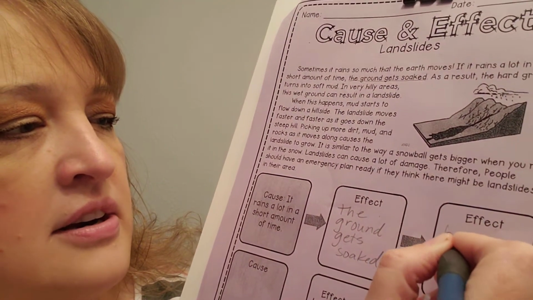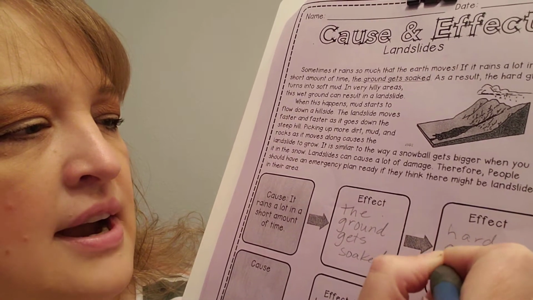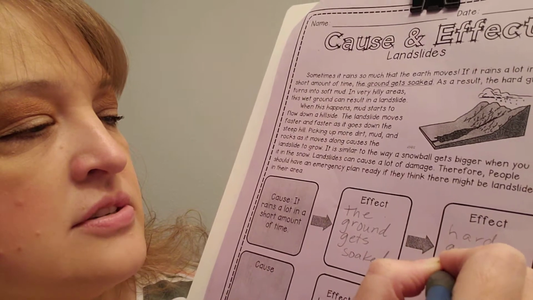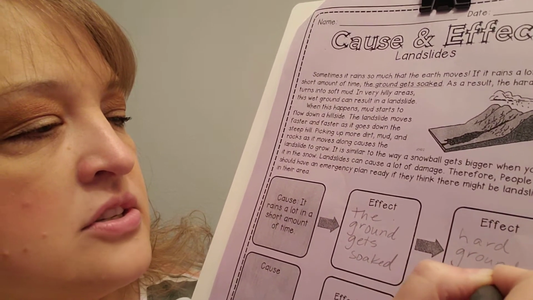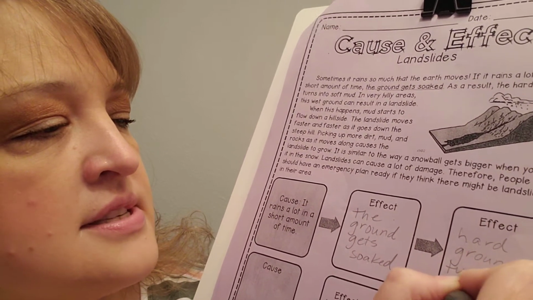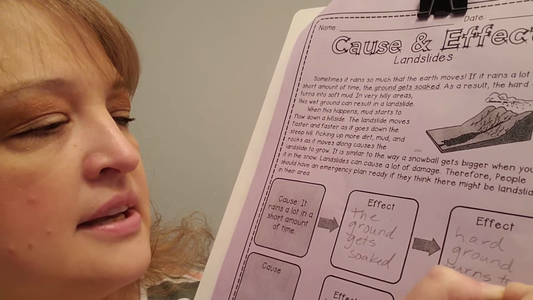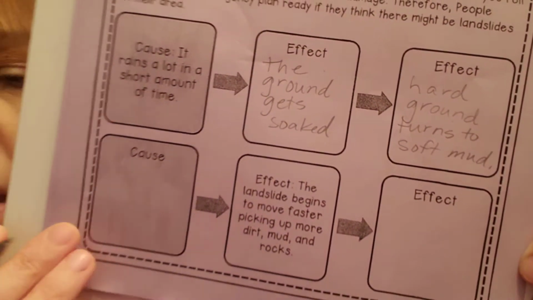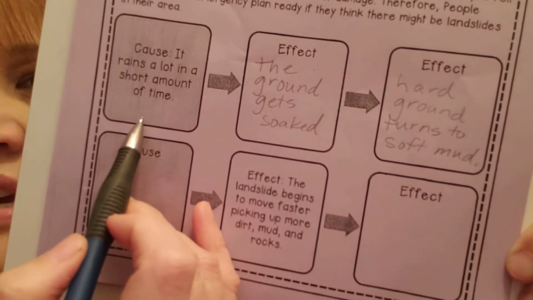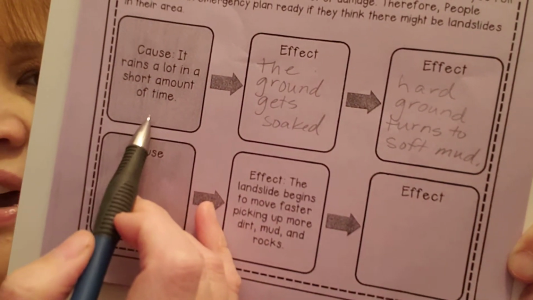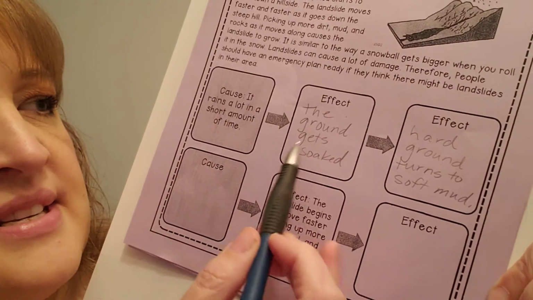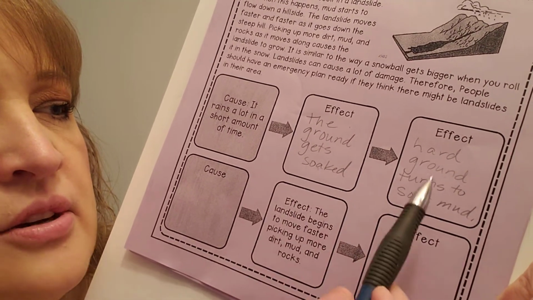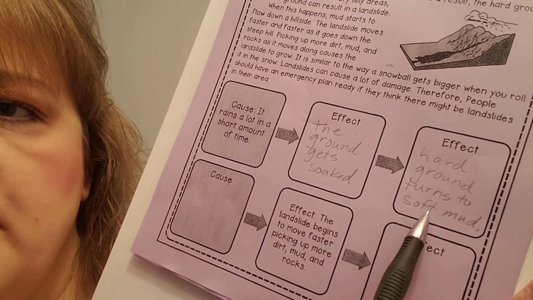The hard ground turns to soft mud. Okay, that's the effect. So here's the cause. It rains a lot in a short amount of time. And because it does that, the ground gets soaked. And because the ground gets soaked, the hard ground turns into soft mud.